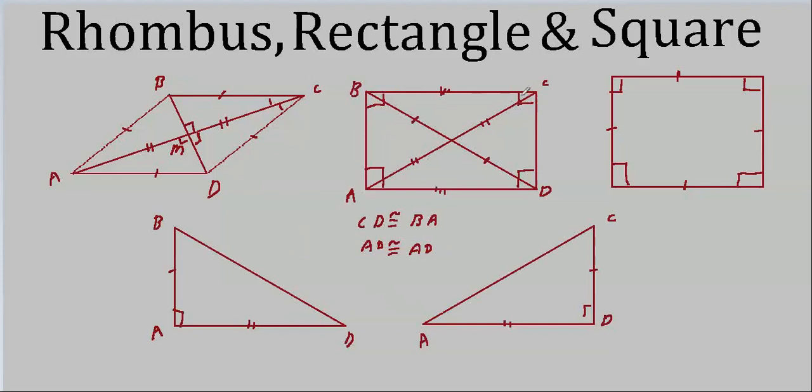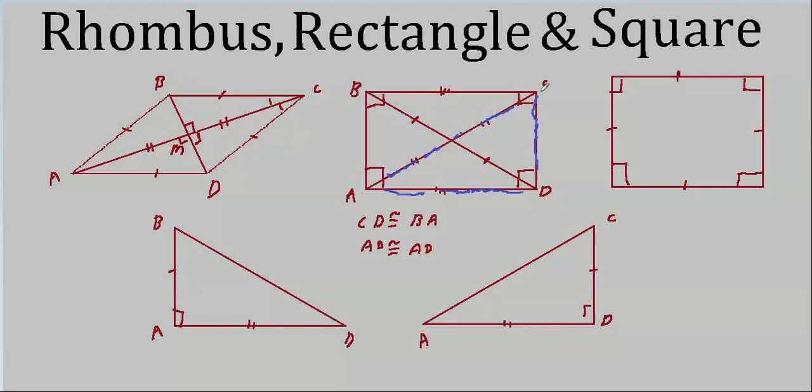Oh, how do we know that the diagonals on a rectangle are congruent? It's actually pretty easy. What we do is consider the triangle formed by this diagonal and these two sides of the rectangle. In other words, let's use a different color.